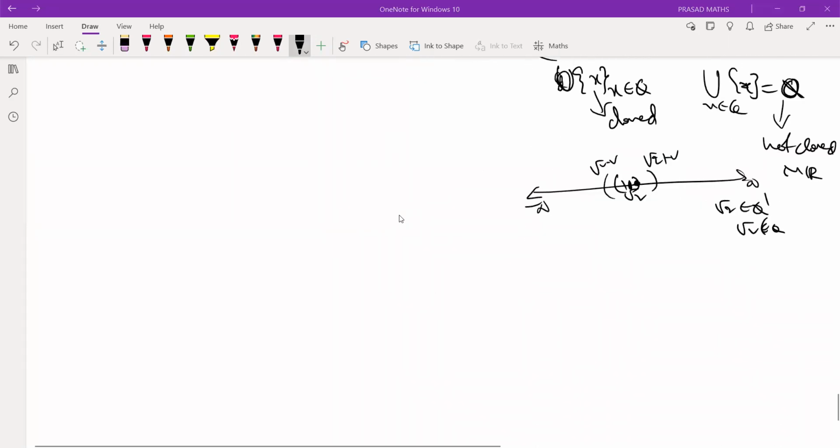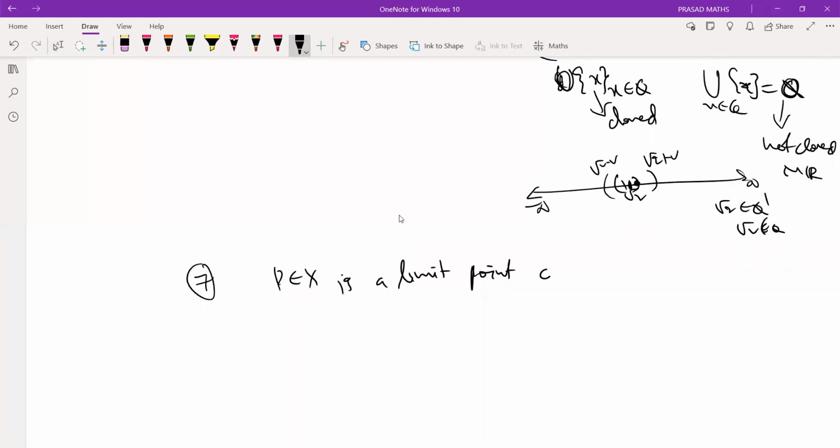Seventh property. If p is a limit point of the set E if and only if every neighborhood of p. Actually, what is my definition of limit point?